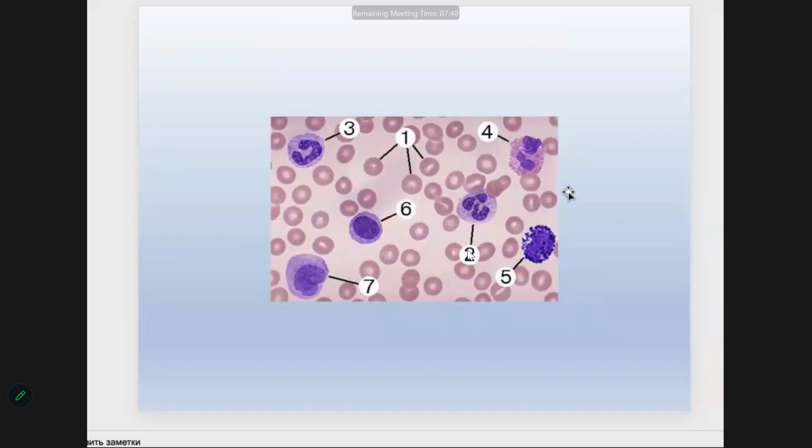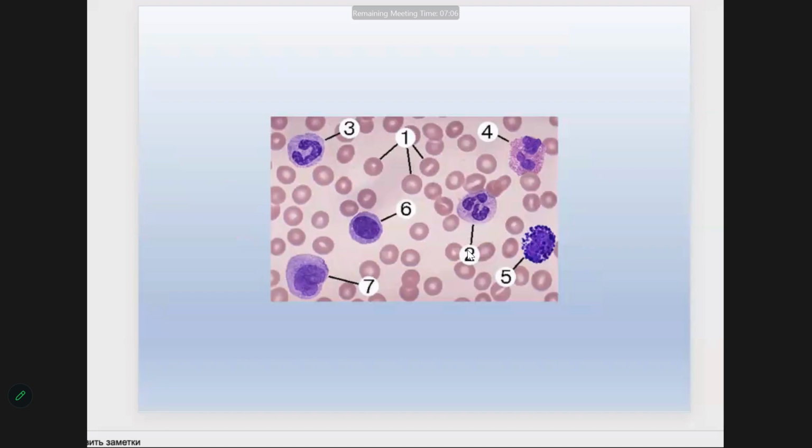For example, a bisegmented nucleus and pink granules in the cytoplasm are the main characteristics of eosinophils. A large spherical nucleus and a small slim ring of cytoplasm around it is a lymphocyte. And you should also recognize other types of leukocytes in the blood.